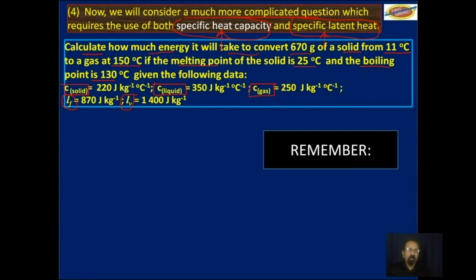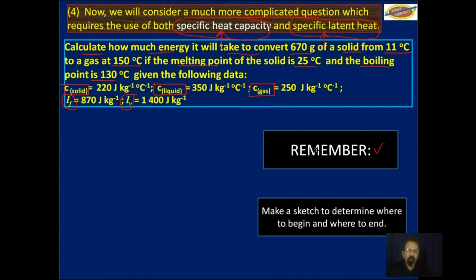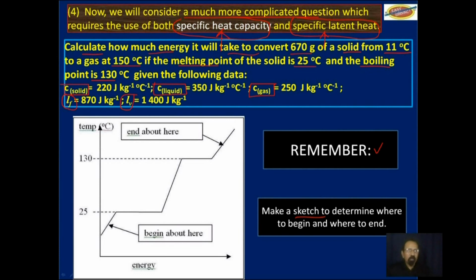Now, first thing is to always remember to make a sketch so you can clearly understand what the question is asking. Now, this is not the sketch that we are actually going to use, but it will look something like this. Two axes. You have an energy axis here on the x-axis and a temperature axis here on the y-axis.